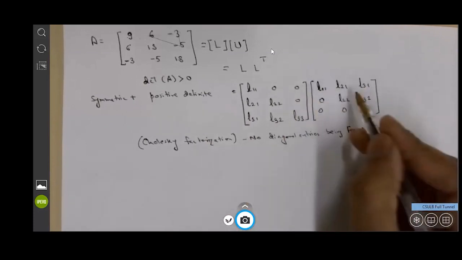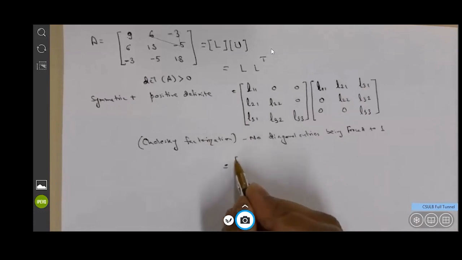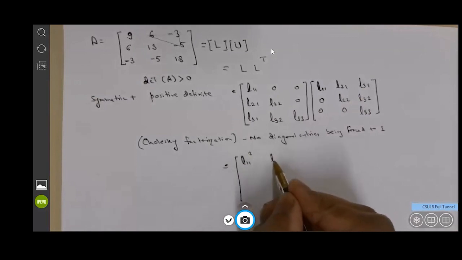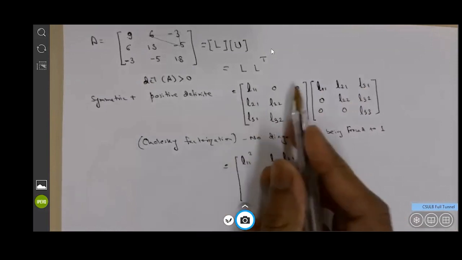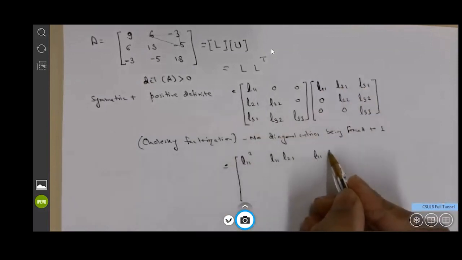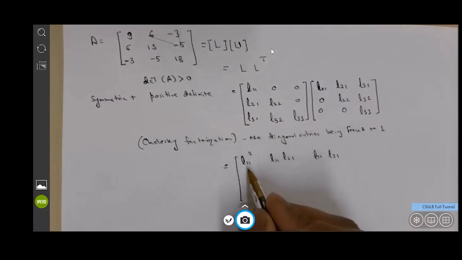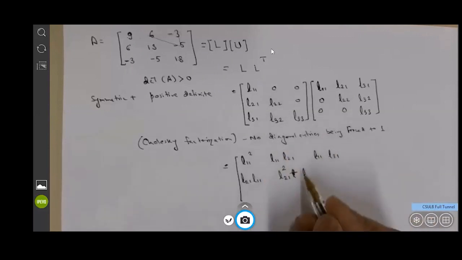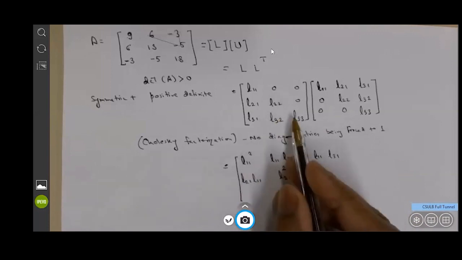So first I need to do the multiplication of these matrices. So I will get L11 square. Then I will get L11 times L21. Then this will multiply by that. I will get L11 times L31. Similarly, the bottom, this will be L21 times L11. This will be L21 square plus L22 square.